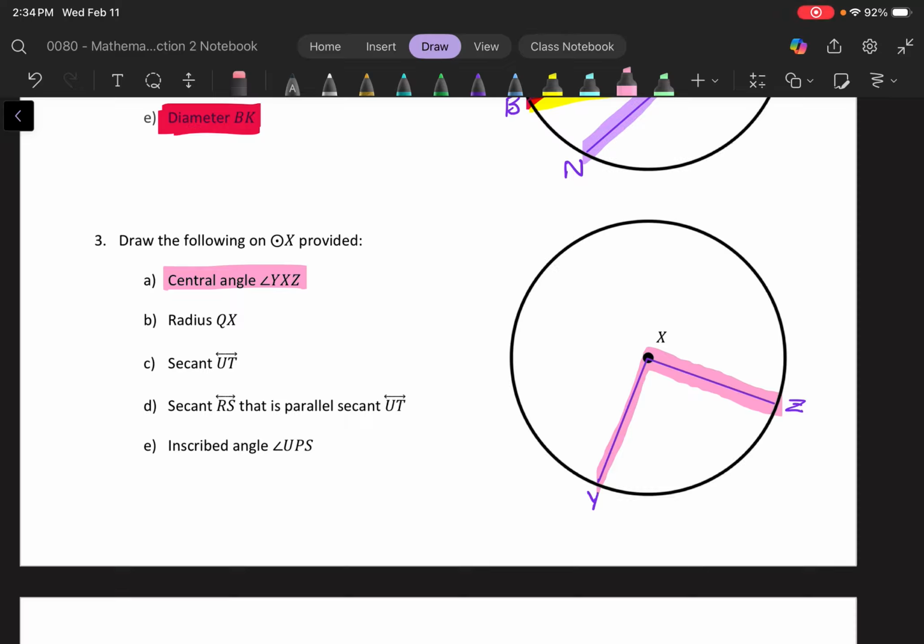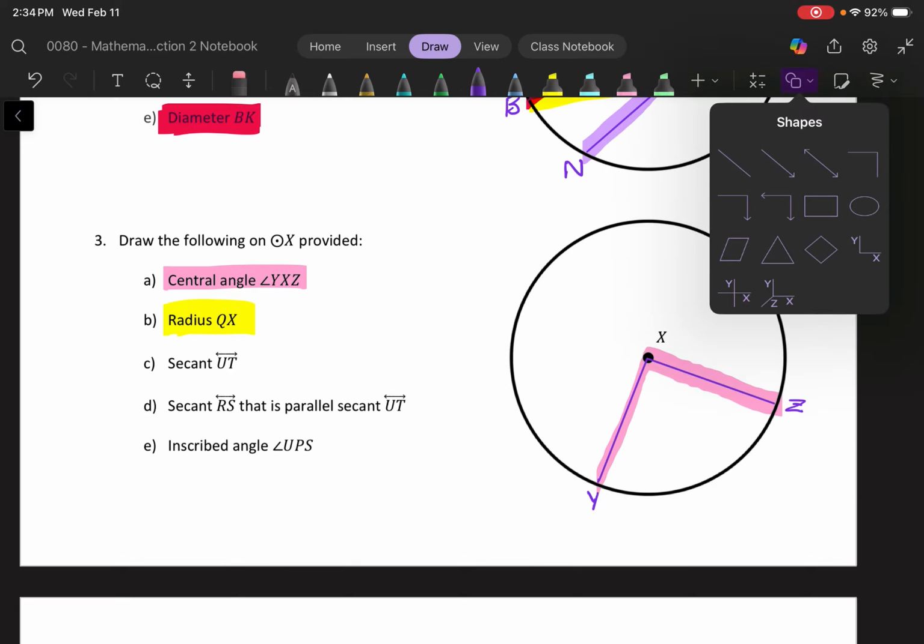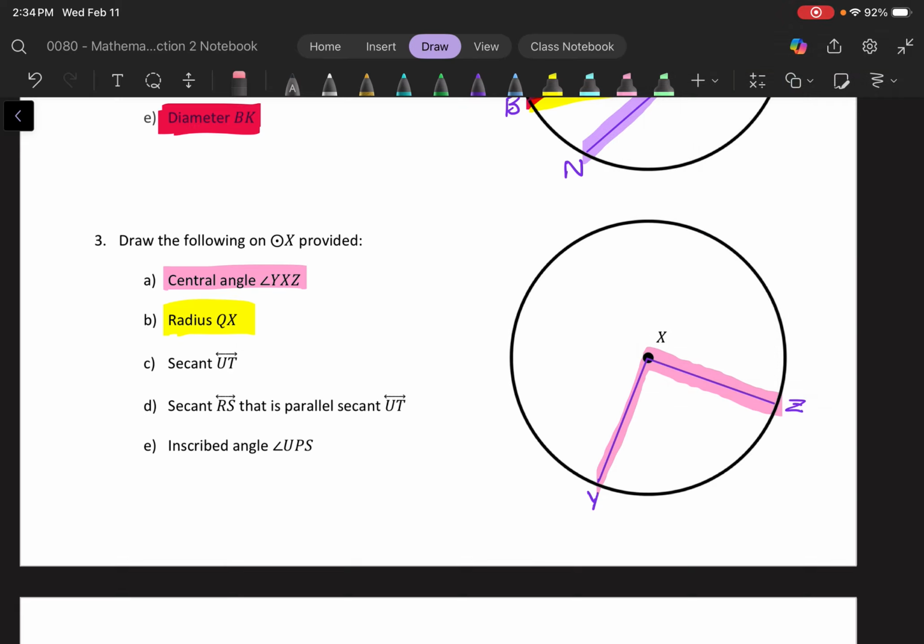Beautiful. Next, I am going to draw a radius, and that radius is a line segment, QX. Now, I already have X in my diagram. That's the center, which is great because I need the radius to end in the center anyways. So I'm going to pick another point, Q. I can make it up. It's not already present.